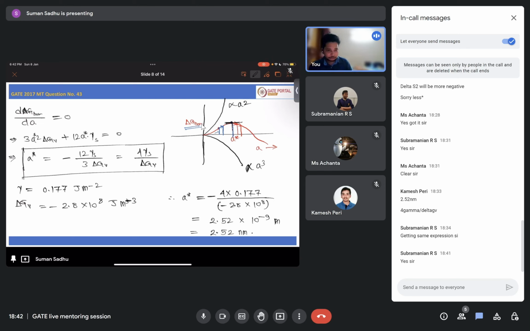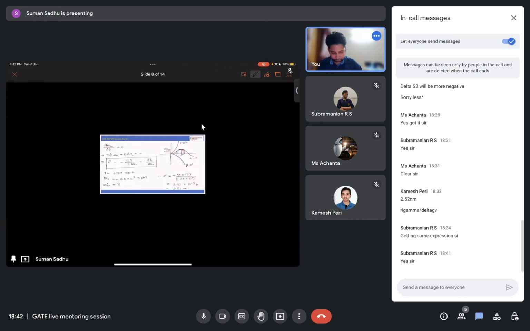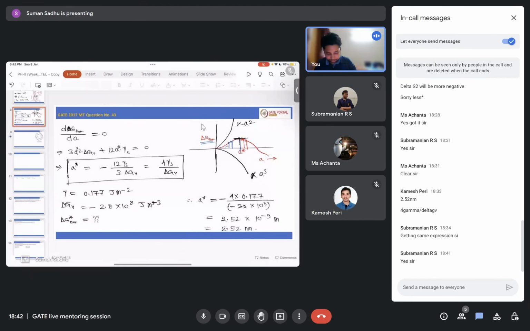Now, can you tell me what will be the expression for delta G homogeneous star? Simply put the expression for a star here and you will get that expression.